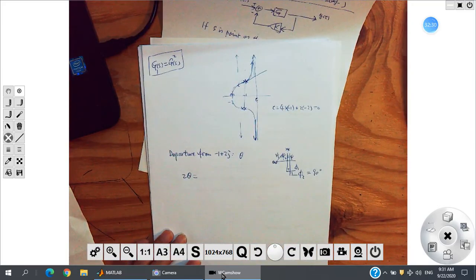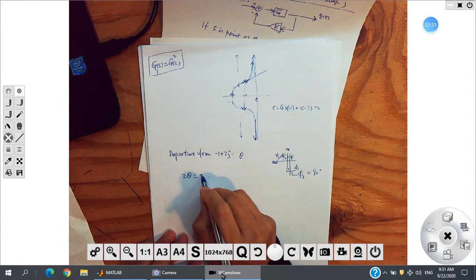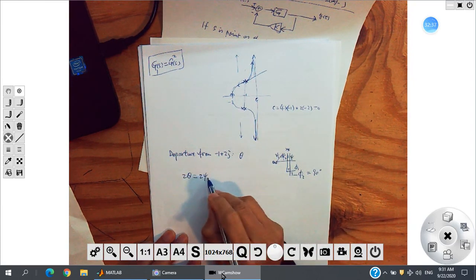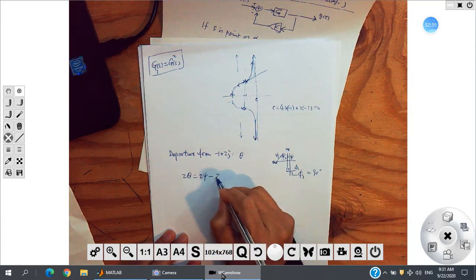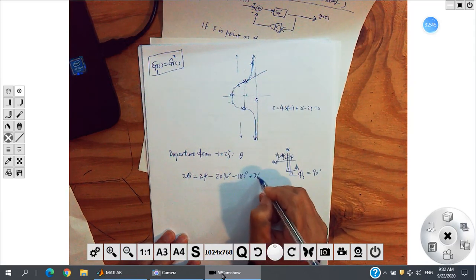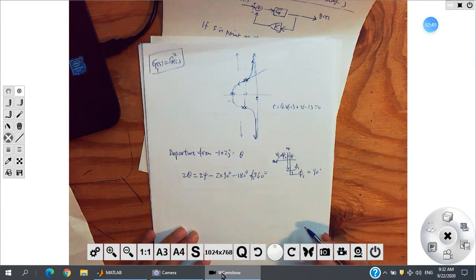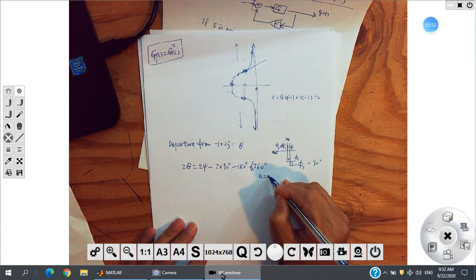Okay, so 2 theta will equal 2 varphi minus 2 times 90 degrees, plus or minus 180 degrees times k, and k equals 0 to q minus 1.